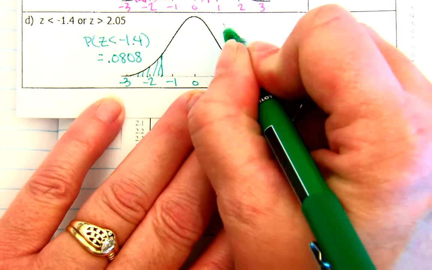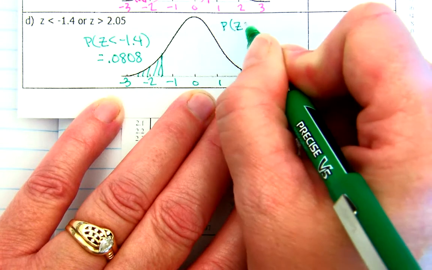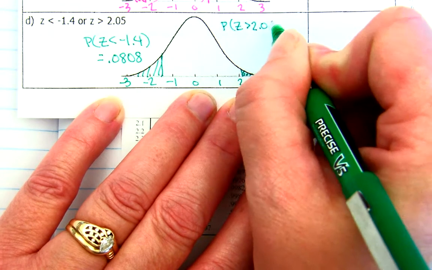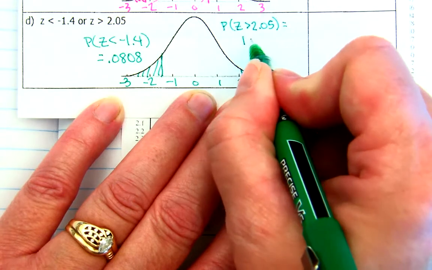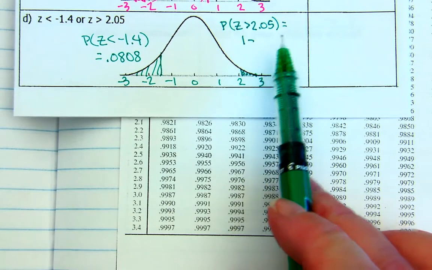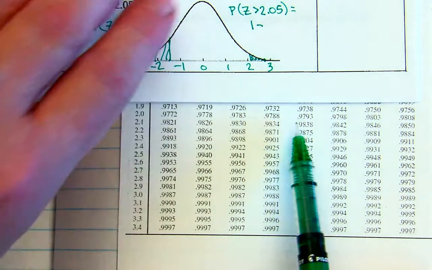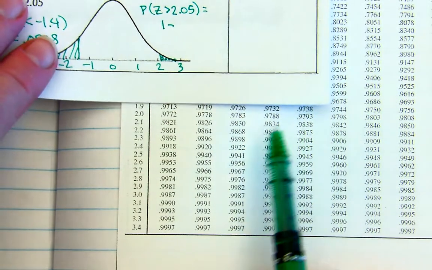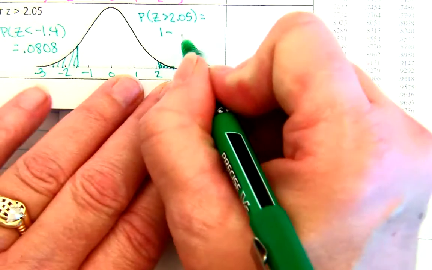And for this one, since it is shaded to the right, we're going to do 1 minus whatever the probability is on the z table for positive 2.05. So 2.05 is 0.9798.